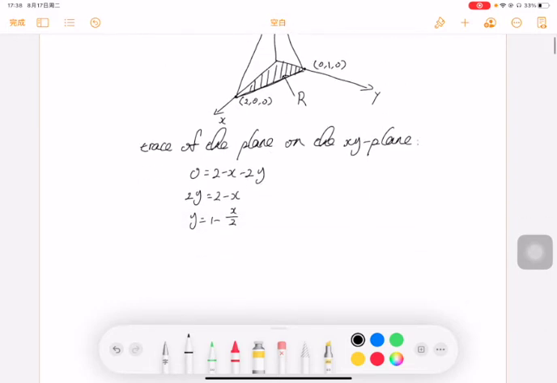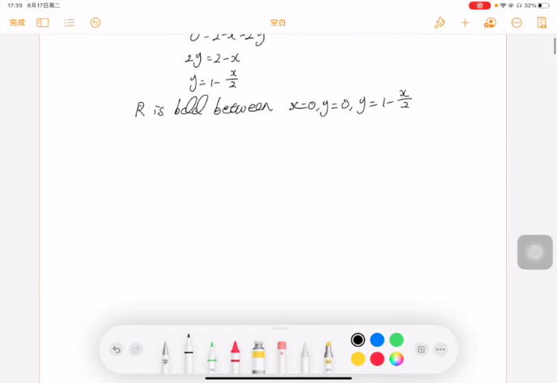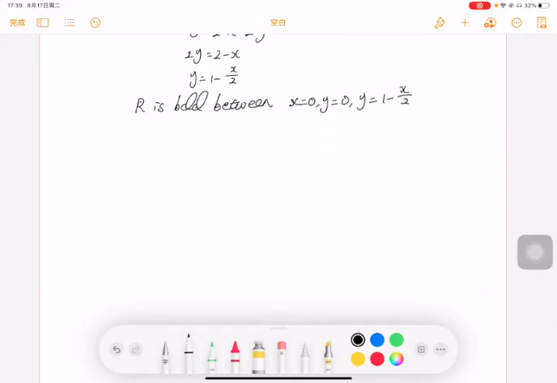We therefore know that R is bounded between x equals 0, y equals 0, and y equals 1 minus x over 2. Now it's also helpful to graph this region R in a two-dimensional setting. So something like this. This is x equals 0.